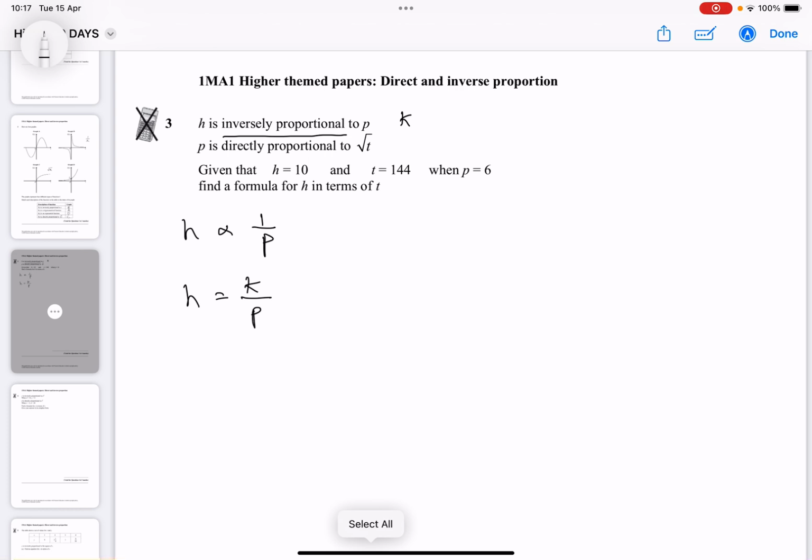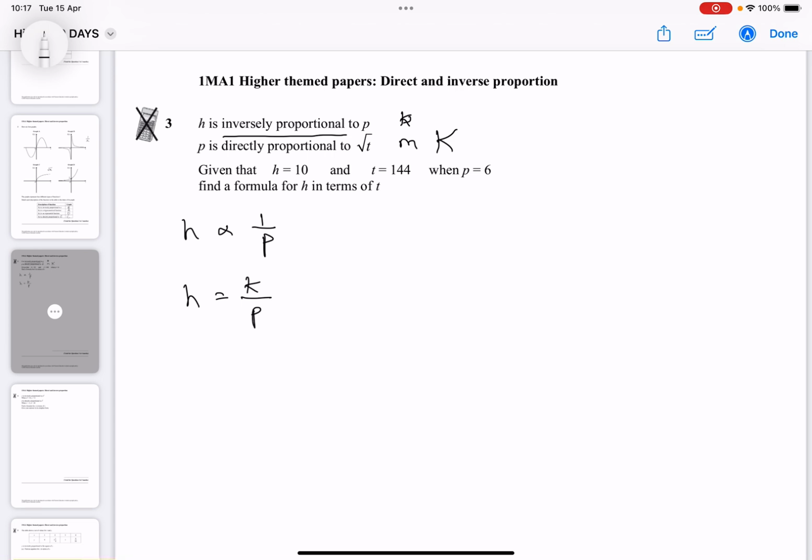When you've got 2 proportion things going on, probably you wouldn't use k again. It doesn't really matter, but in this case, I'm going to use m, just because the k's could be confused. Some people might do a capital K, or a small k. So I'm going to use m in this case, just so that there's no confusion.